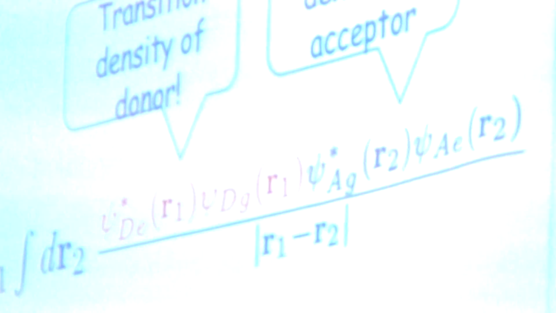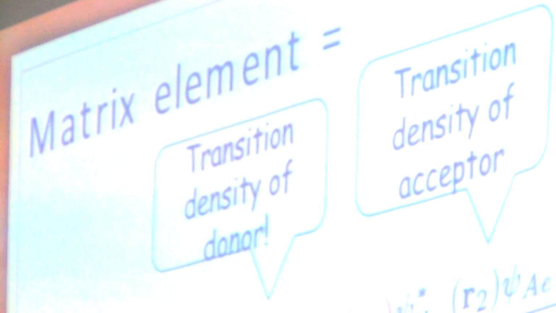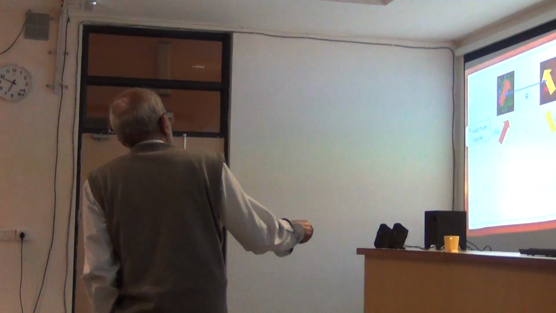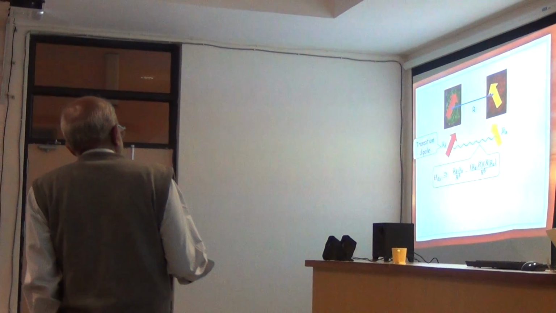So these two charge densities are interacting, as I have told you, it is electrostatic interaction, and therefore effectively I can approximate these two charge densities by their dipoles. They are actually referred to as transient dipoles. If you have studied spectroscopy, this term would have been told to you already. So this is the transient dipole on the donor, that is the transient dipole on the acceptor, and these two are interacting electrostatically.